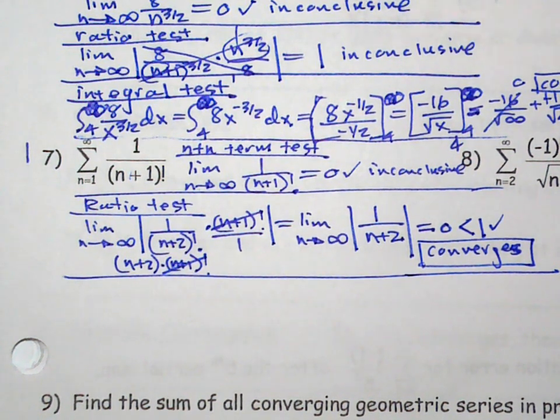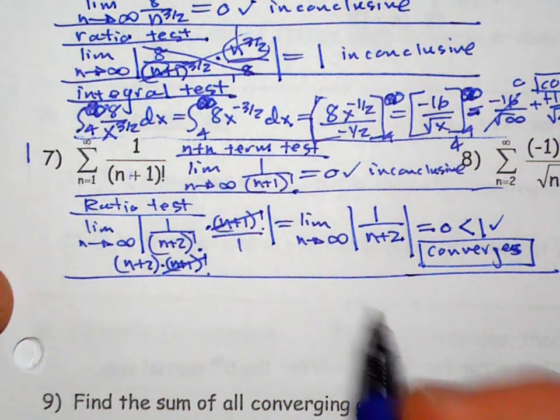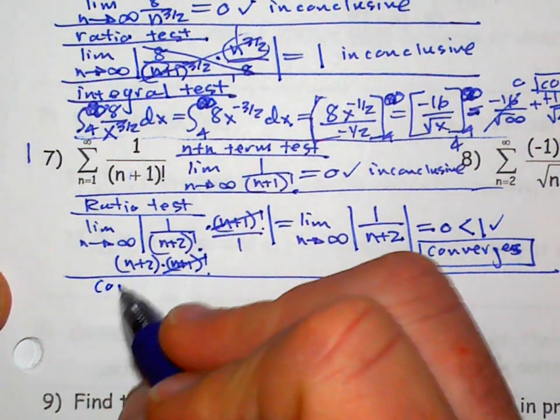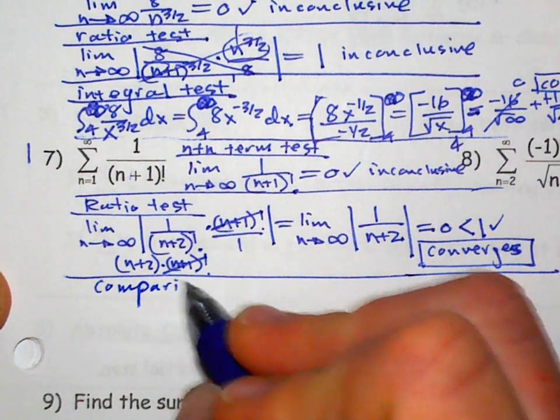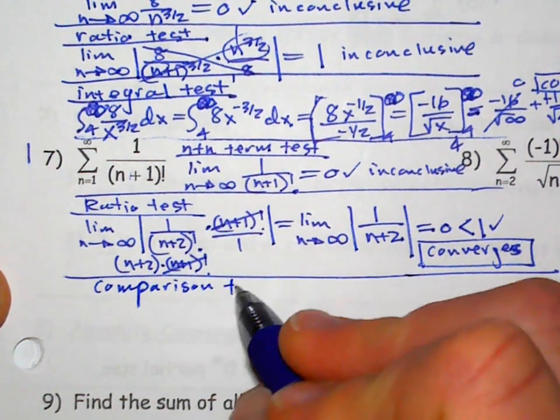Now, I guess this could be maybe an interesting opportunity to try and talk about the comparison test. I wouldn't do it on this one because the ratio test, which is pretty straightforward, worked very nicely. We could try a comparison test.